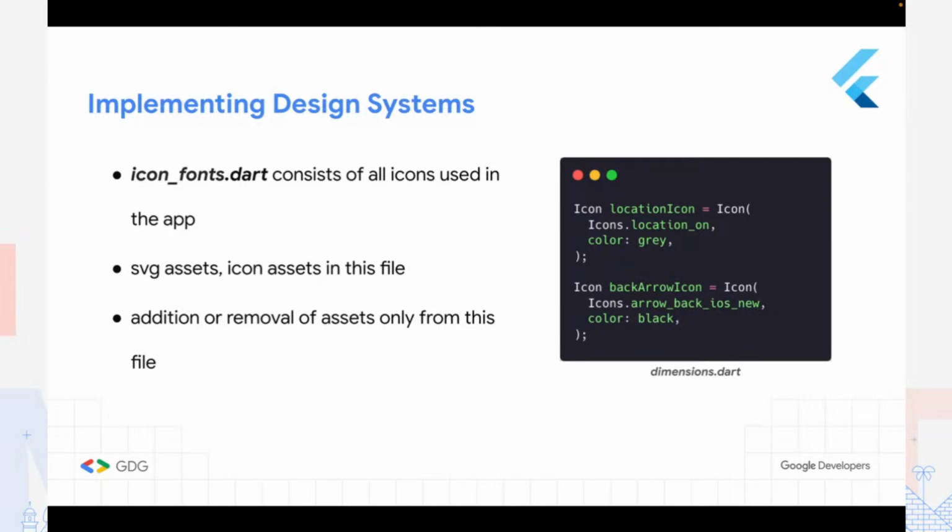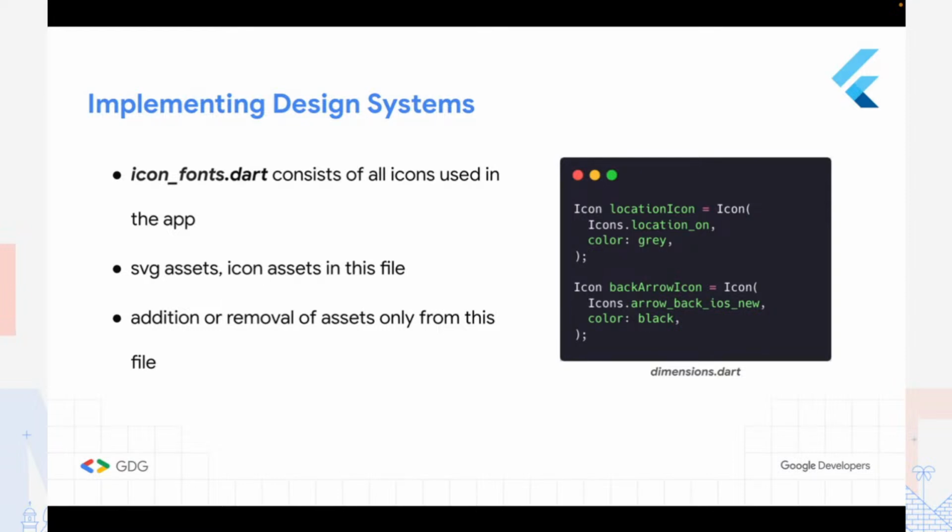You just have to understand what you're doing, and also make sure that the team members understand how the design system is being built. And also it depends on the project requirements. So yeah, addition or removal of assets should be only done from this file and no other places in the app, because you will be having the constants in this file and nowhere else in the application.